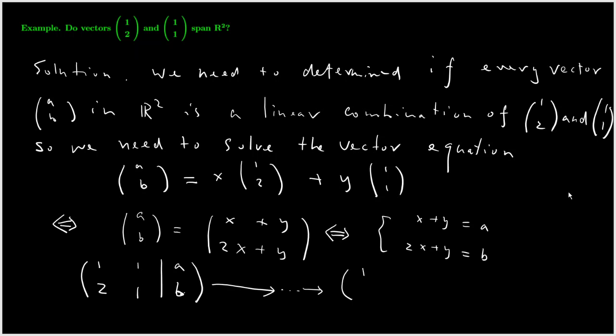I believe you can see to the left of the bar you still have 1, 0, 0, 1. And for whatever you are going to get to the right of the bar, these two question marks are going to be in terms of A and B. I'm not going to use the two question marks.